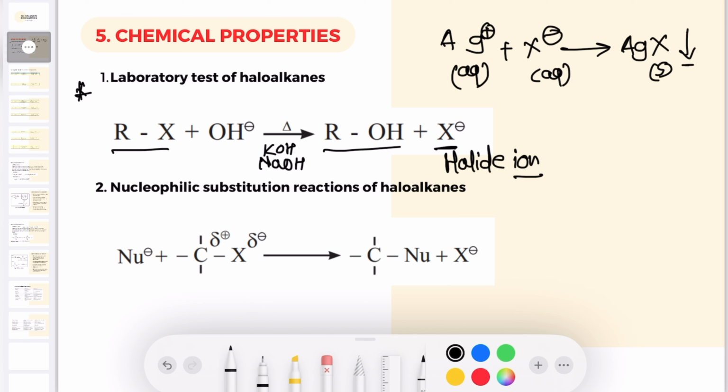That is the laboratory test. The next topic is nucleophilic substitution reaction of haloalkanes. When a group bonded to the carbon in a substrate is replaced by another group to get a product with no change in the state of hybridization of carbon, the reaction is called a substitution reaction.